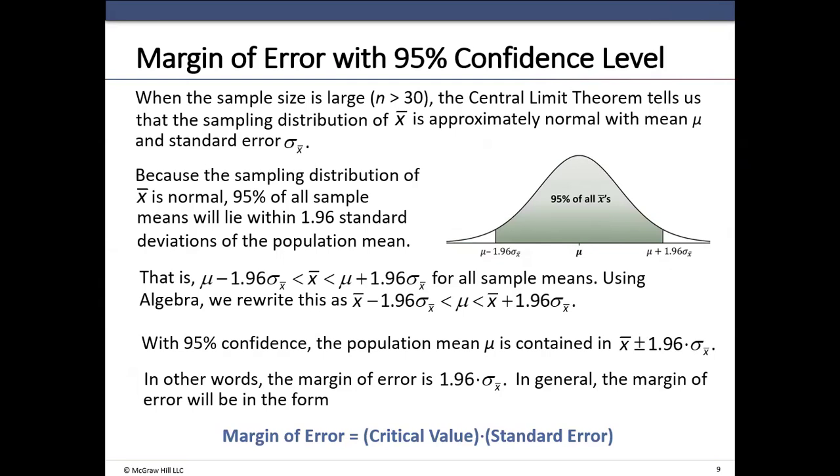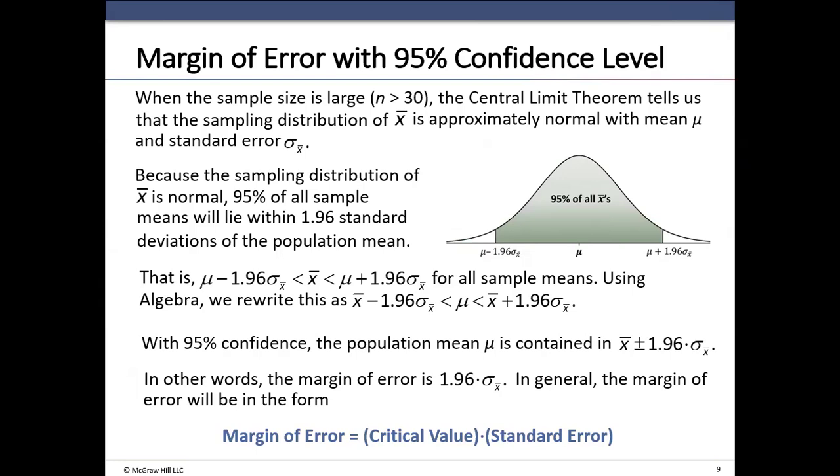So that is mu minus 1.96 sigma x bar. Again, sigma x bar is the standard deviation of the sampling distribution, also called the standard error. That is the lower boundary, and the upper boundary is mu plus 1.96 sigma x bar. That means all the sample means will fall within that.